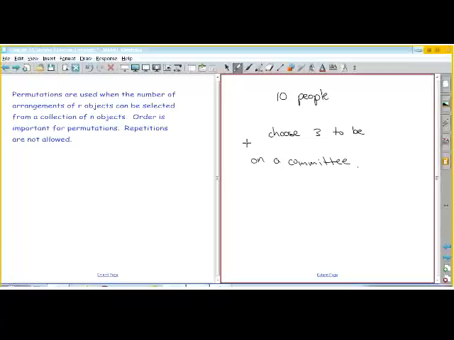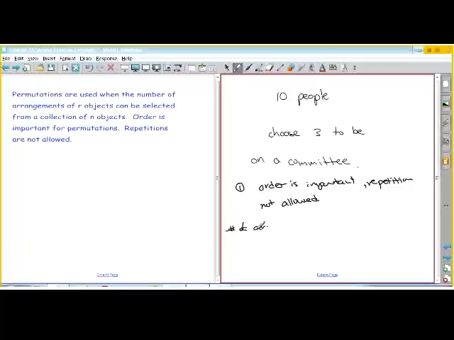I'll explain what that means. So first, we're going to worry about order. Order is important. Repetitions are not allowed. Once somebody's chosen, you can't choose them again. Well, that's exactly what I just did for permutations.